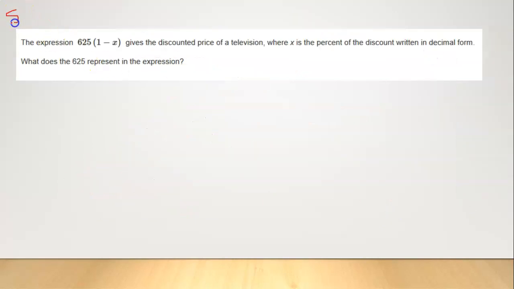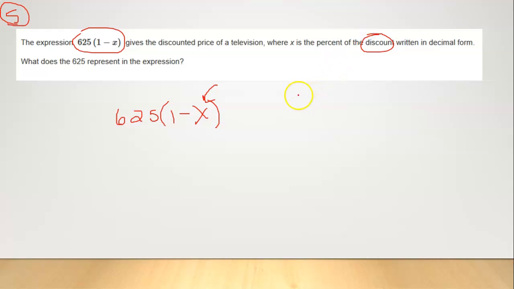All right, this will be the last one. The expression 625 times the quantity 1 minus x gives the discounted price of a television. So you're taking 625 times 1 minus x. It tells you x is the percent of the discount, and that kind of makes sense, right? Because discount, you think of subtraction.